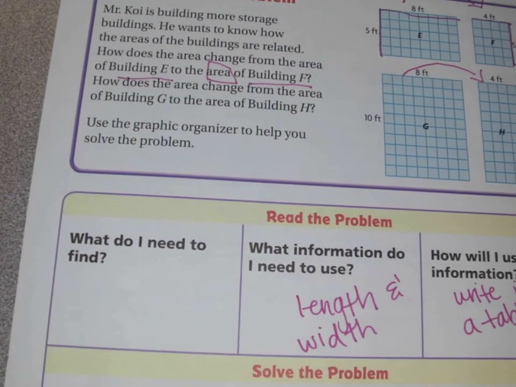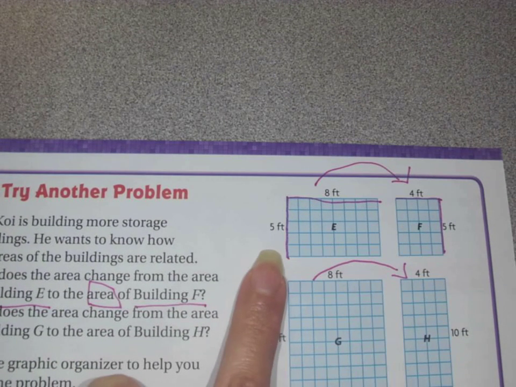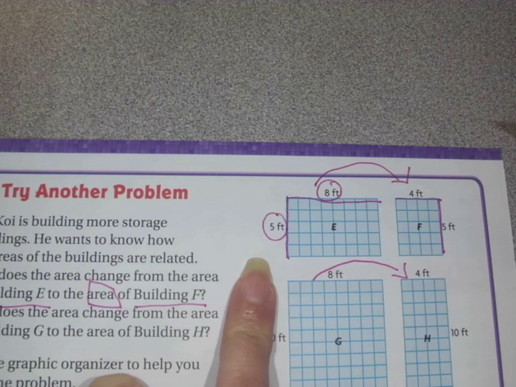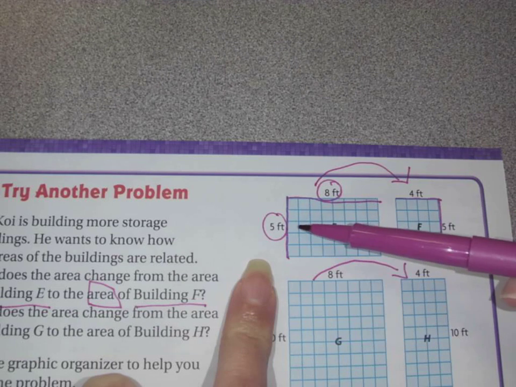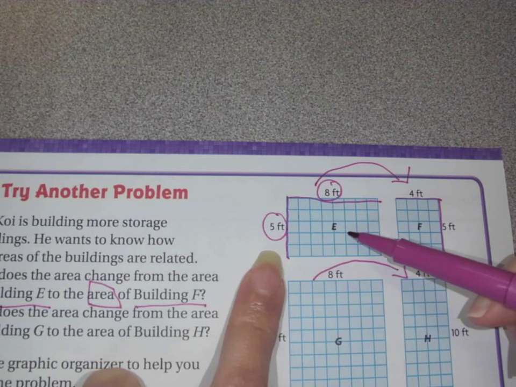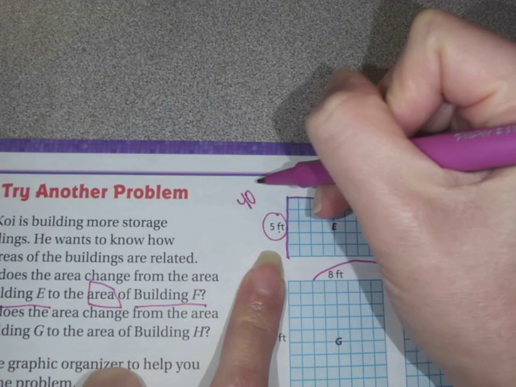Now let's figure out the area. I know that area is length times width. All you have to multiply are these sides, or you can use repeated addition or count by ones all of the unit squares. I'm going to use my knowledge of multiplication facts. For E, the area would be 5 times 8, and that is 40.